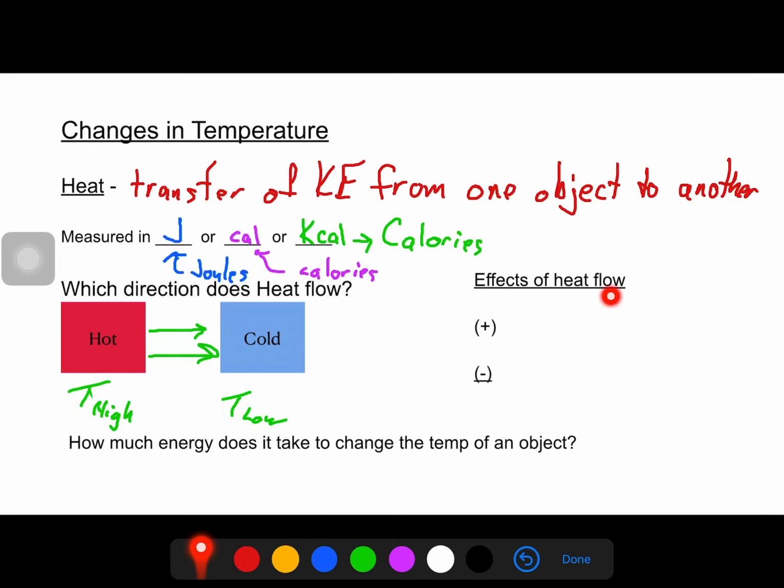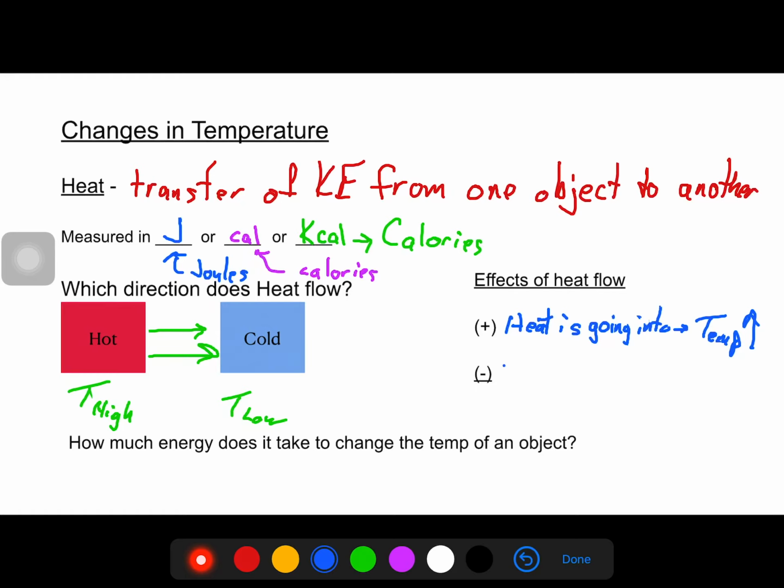When we talk about the effects of heat flow, we can have a positive heat flow or a negative heat flow. A positive heat flow means that heat is going into that object, or we could say the temperature is increasing. If we have positive heat flow, the object is heating up.